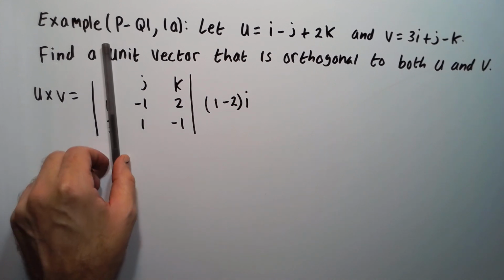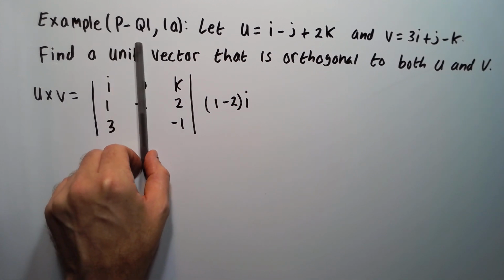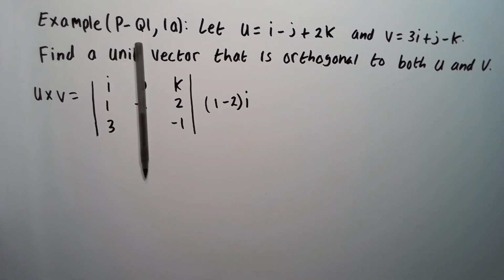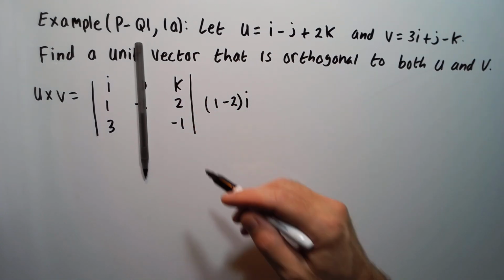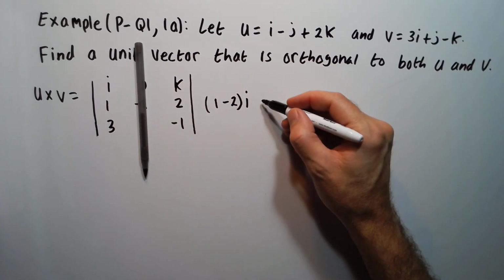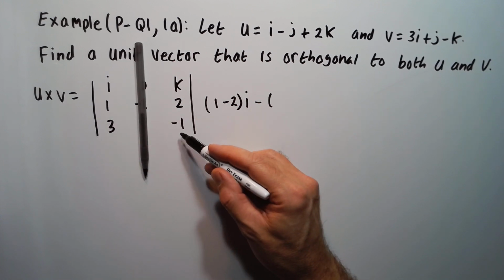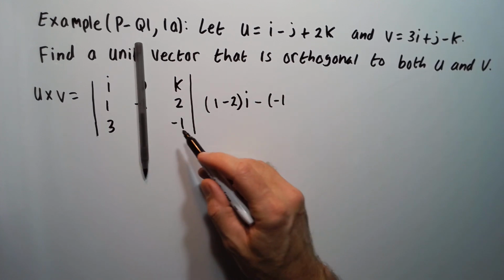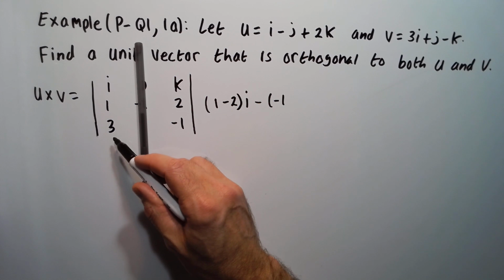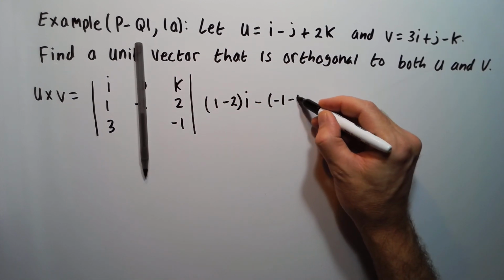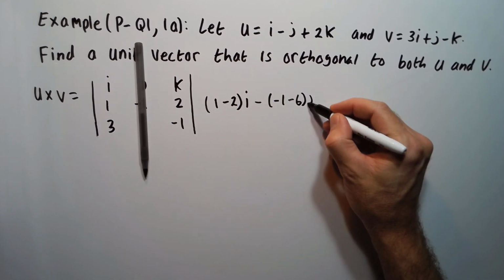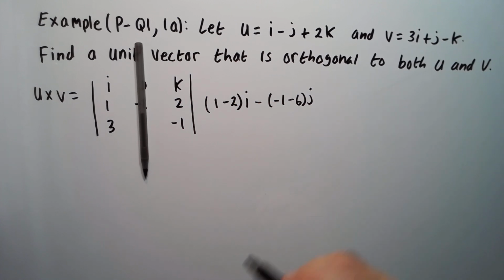Then let's do the j next. When you do j, it alternates plus, minus, plus, if it was a bigger matrix. So the j component will have a minus sign in front. It'll be 1 times minus 1, minus 2 times 3, so it'll be minus 6, in the j direction. And then we'll do the k.